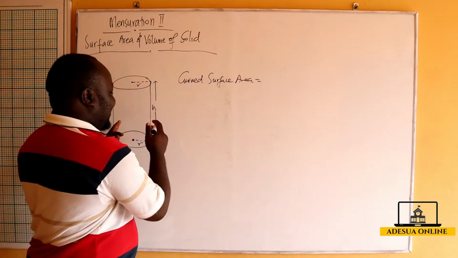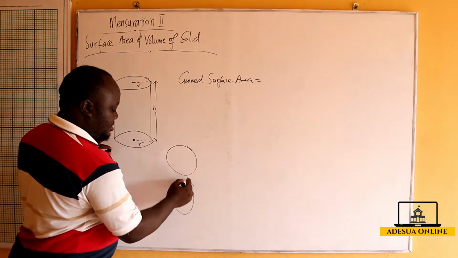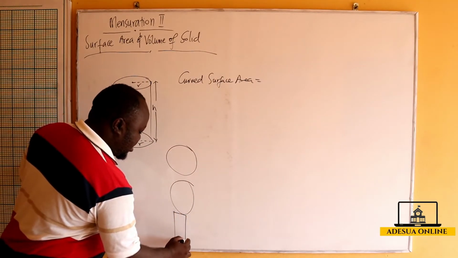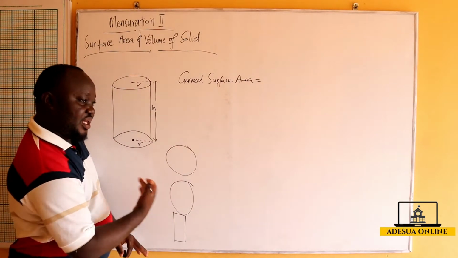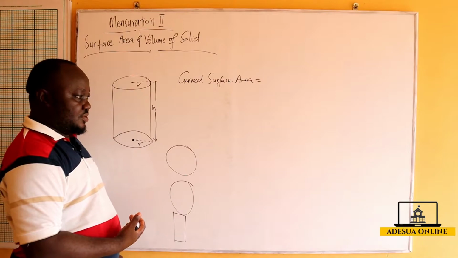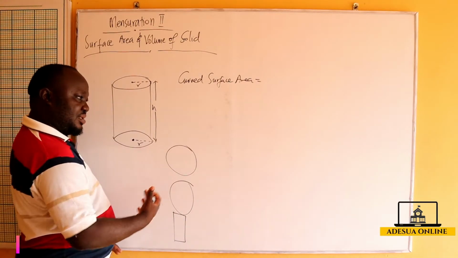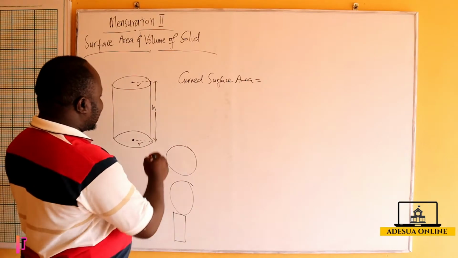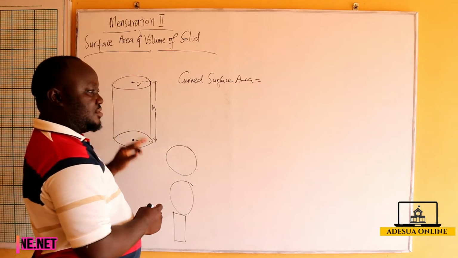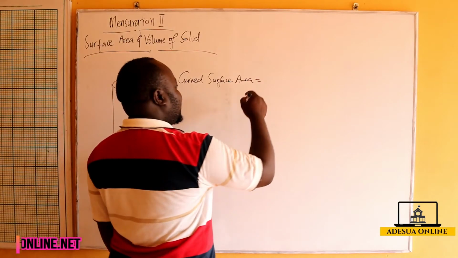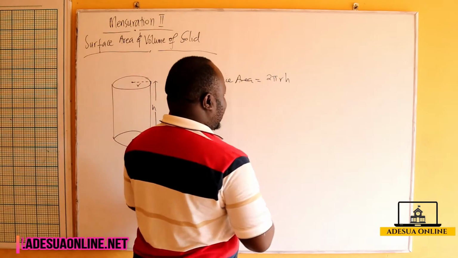We can see that the net of this prism is just two circles, and then we have this, which is just folded to form a circle. So this is also circular. Now if this is the height, h, and this is the radius of this circle, then the curved surface area is equal to 2 pi r times h, which is 2 pi r h.